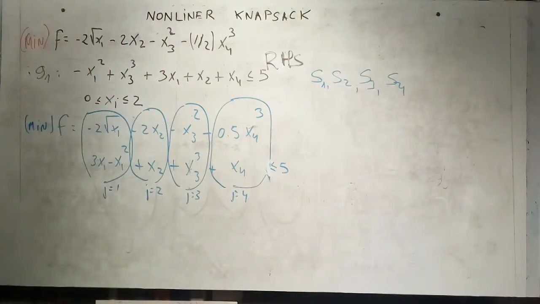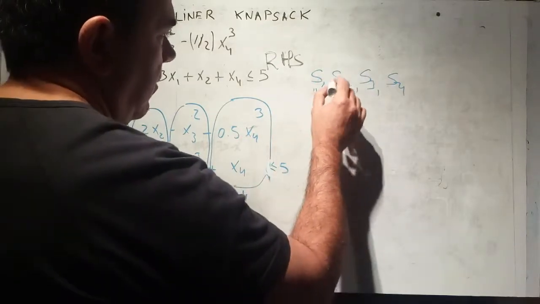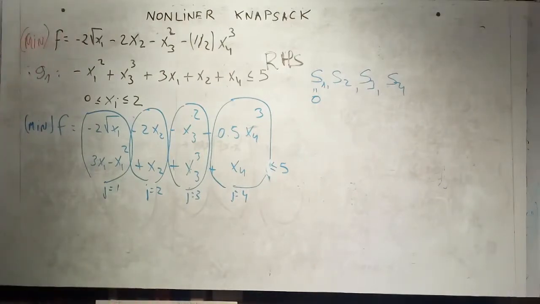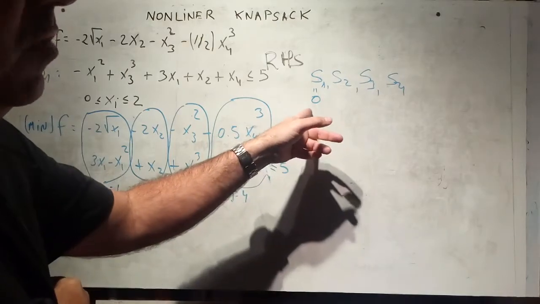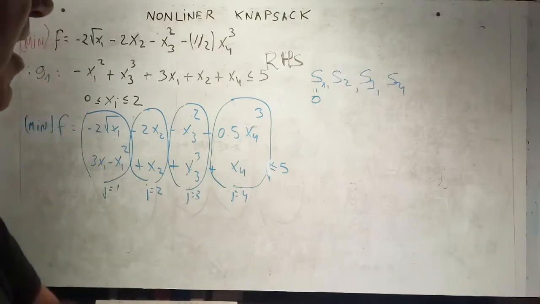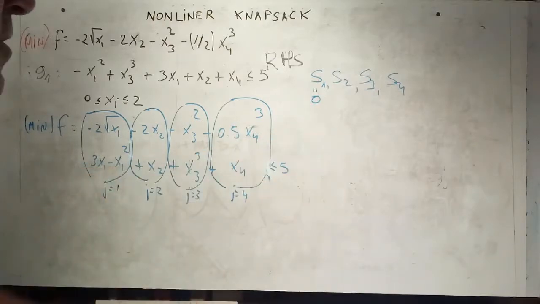Okay? And now by hypothesis, I'm going to assume that the first value of S1 is going to be 0. In other problems, when there are technological constraints, this value could be different. But it's not in our case. We can hypothesize that the value is 0.